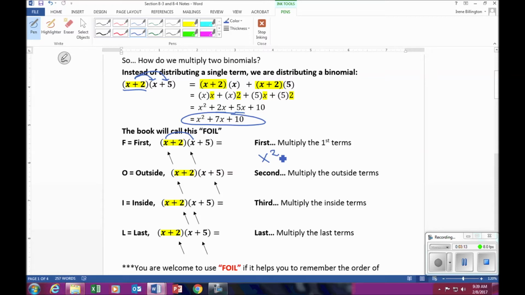Next, I multiply my outside terms, x times 5. I now have plus 5x to add to that. Next, I do my inside terms, which would be 2 times x, which would be 2x.